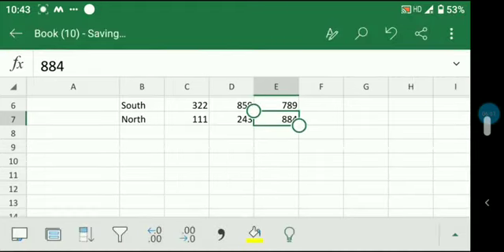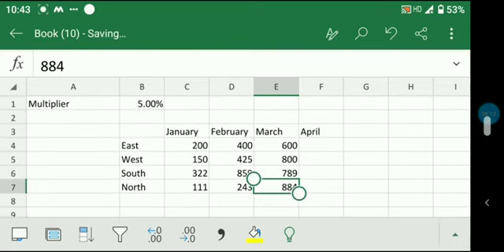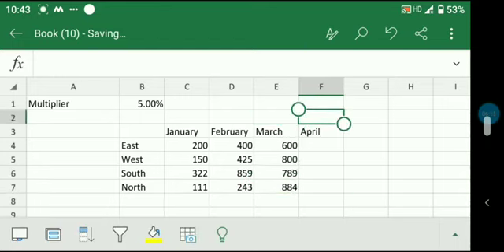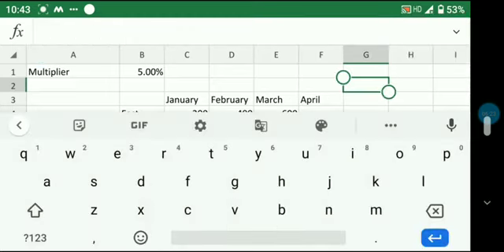Okay, you are able to see my data table is ready. This column is actually only for the month of April. It is a projected sale, so I am writing the projected part.